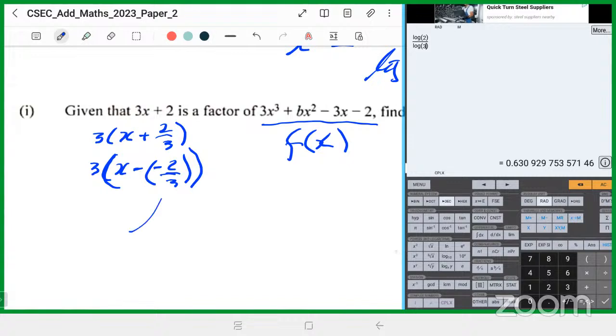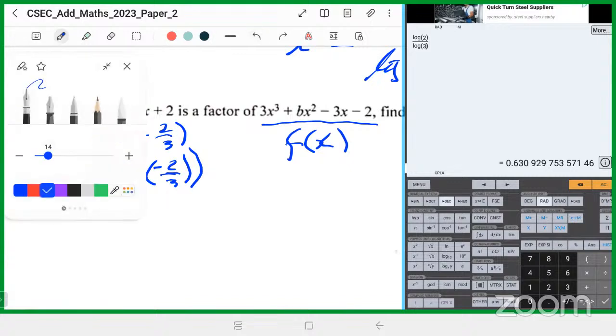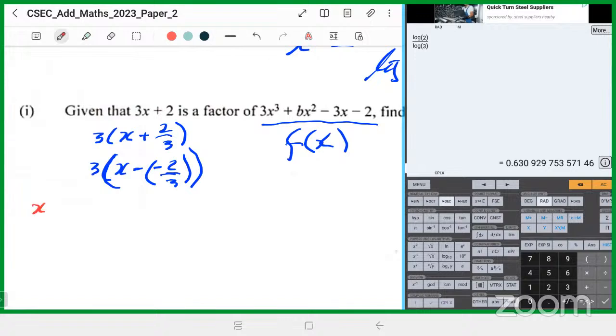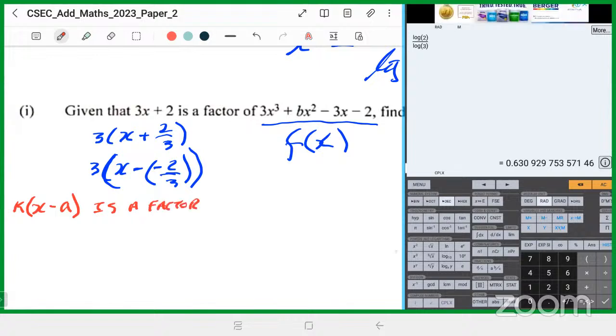And so this is my a. Remember, the factor theorem says if k into x minus a is a factor of f of x, then f of a is equal to 0.